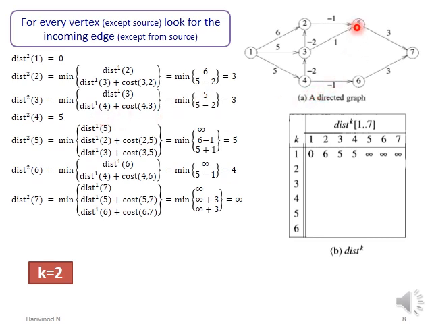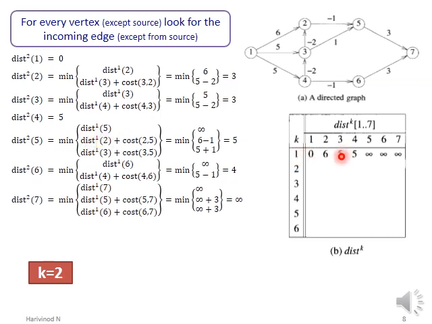Coming to the fourth vertex, it doesn't have any incoming edge other than the source, so we need not compute for node 4. It remains 5. Coming to node 5, there are 2 incoming edges other than the source, from 2 and 3.